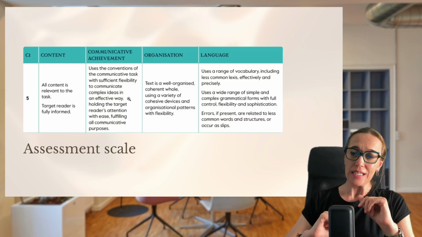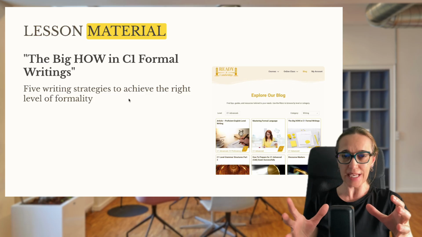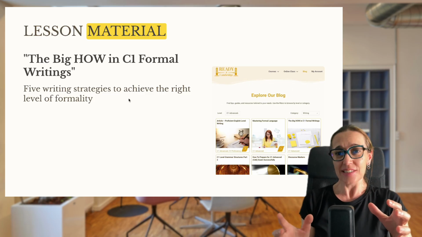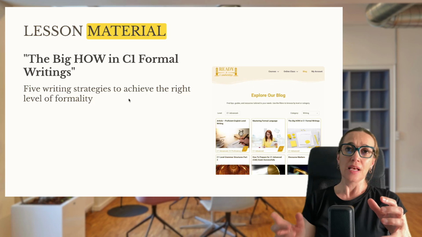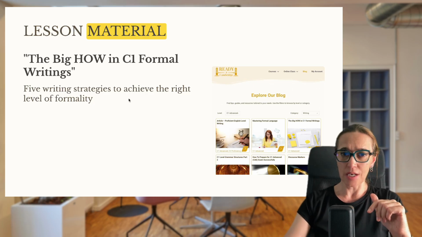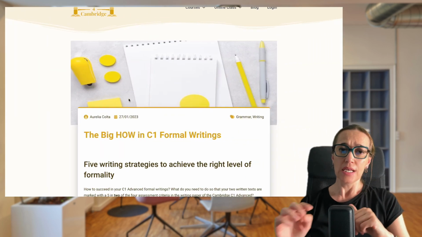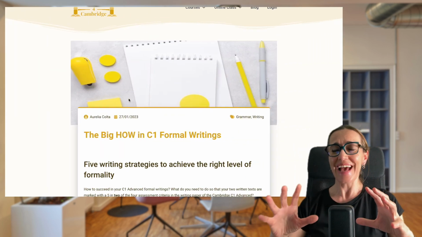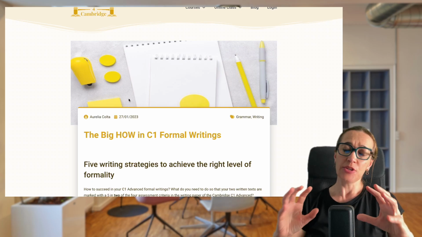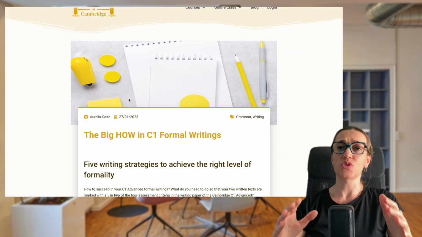Before we start, the study material that I've used for today's lesson is this article, The Big How in C1 Formal Writings. I've written it before, so I'm going to show it to you in my browser. Take a look. So for any additional material on today's lesson, you'll find practice examples here.